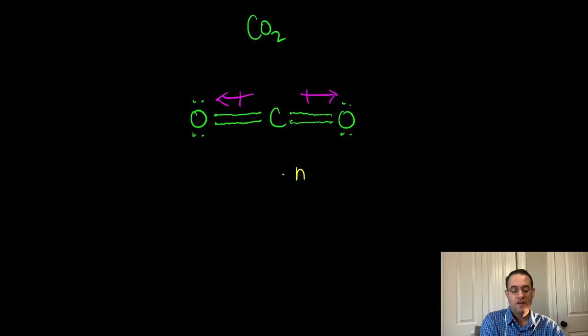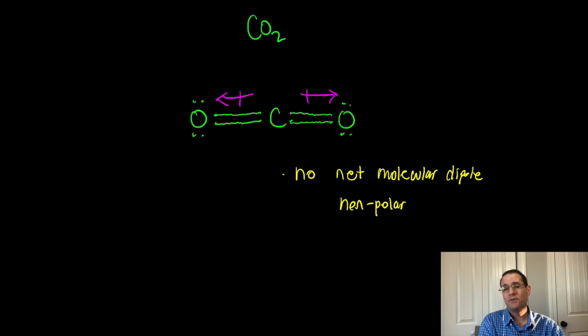So we say that this molecule has no net molecular dipole moment, and therefore, it's nonpolar, and therefore, it's not going to exhibit dipole-dipole forces. This would be like a toy train without magnets on it. It just wouldn't stick to another toy train without magnets.